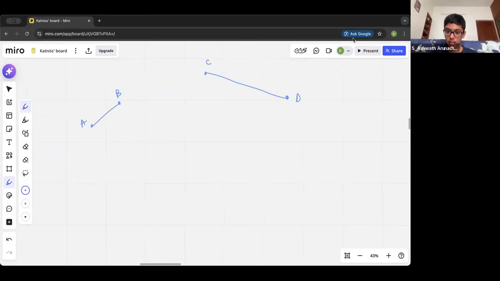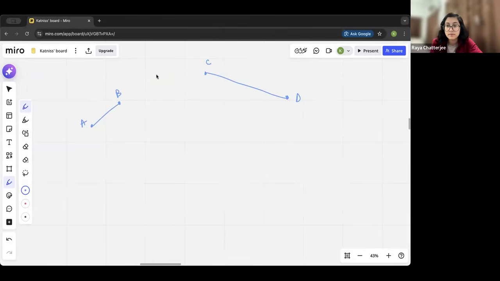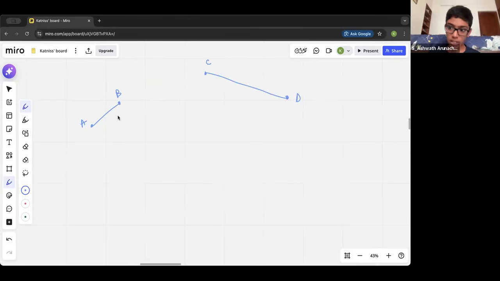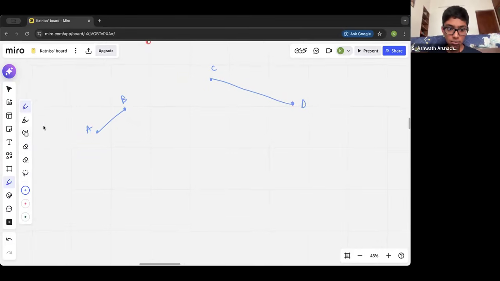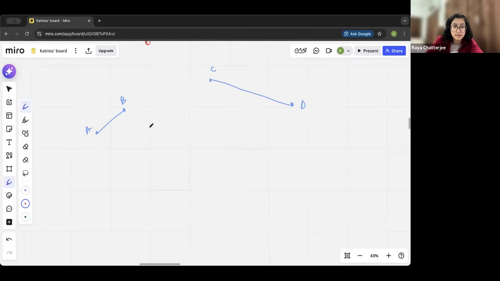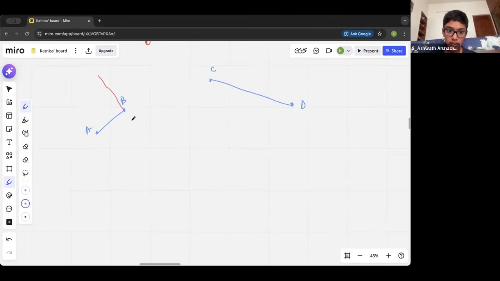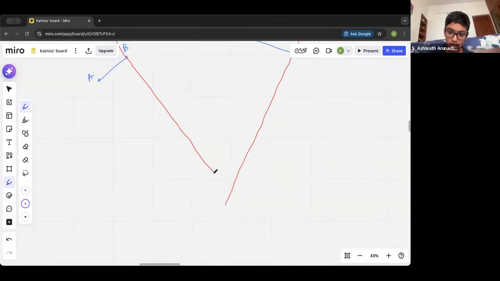I think I have a way to construct O. Okay, go ahead. Basically, you could draw a perpendicular to AB from B, and then do the same to CD from D, and then mark the point where they intersect. You do the same for C and A as well.